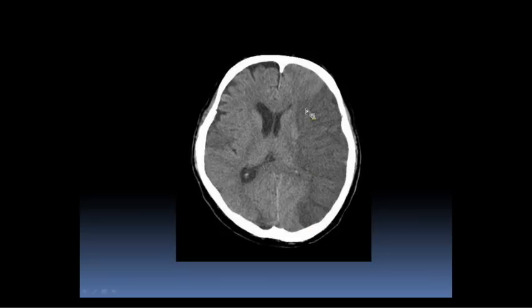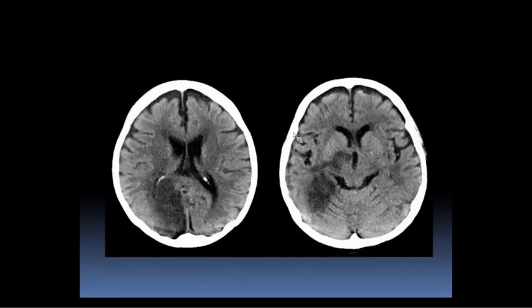And in this case, you clearly have diffuse sulcal effacement, but you also start to have mass effect on the ventricle and midline shift as well. So the other components of mass effect start to take hold after a few days. And then certainly they can develop herniation, subfalcine herniation, uncal herniation, which typically peaks around 4 to 7 days.